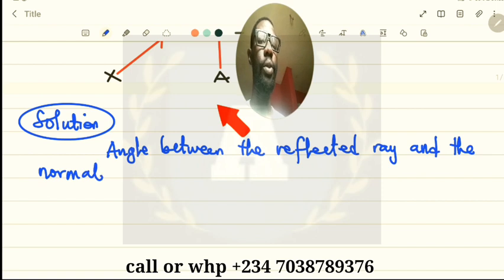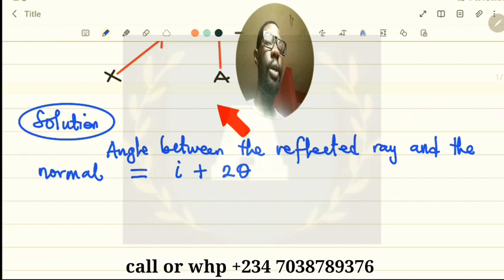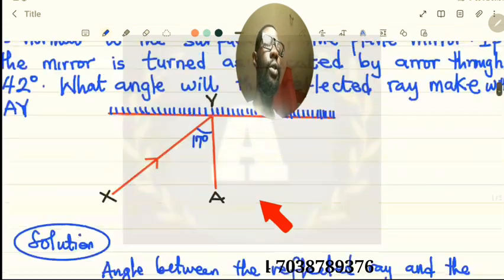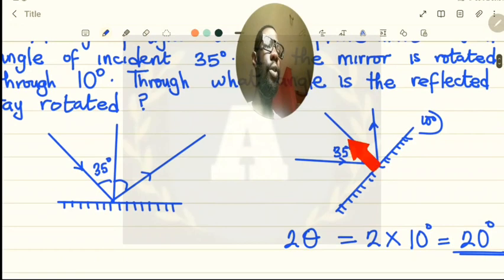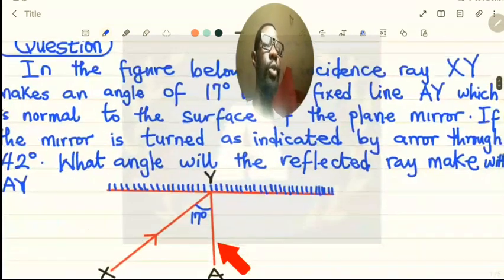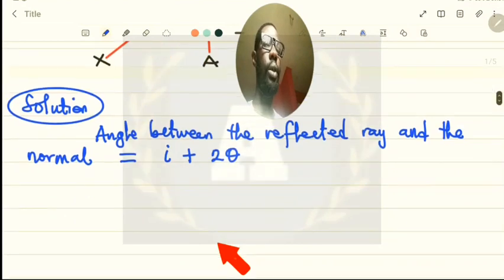When you are asked to calculate the angle between the reflected ray and the normal, you use the incident angle plus 2 theta. We said earlier in the first question that if it is just the angle of the reflected ray, you use 2 theta. In this case, for the angle between the reflected ray and the normal, you use this.